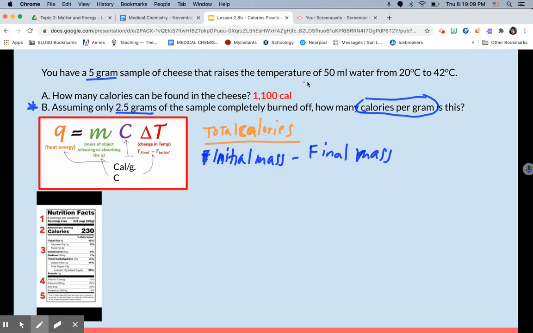So here my total calories is going to be 1,100 as I solved earlier in the previous slide, with the initial mass minus the final mass. So my starting mass is 5 grams. And I recognize that only 2.5 grams of the sample burned.